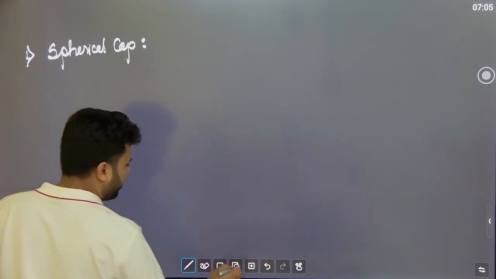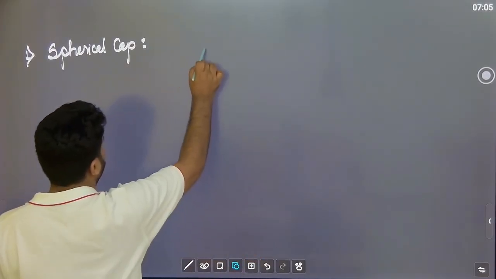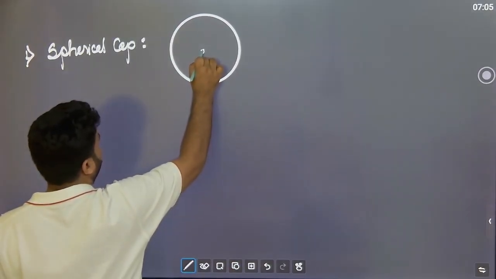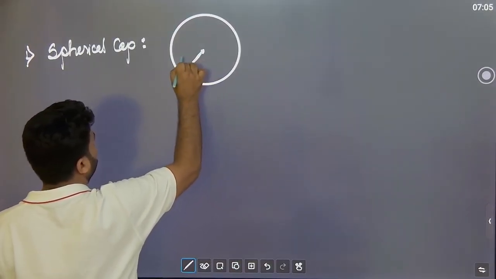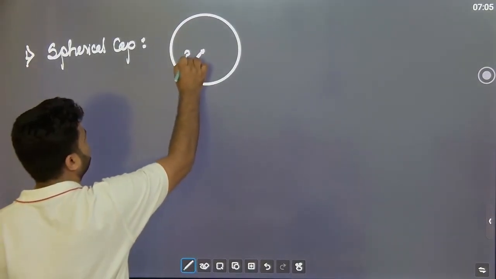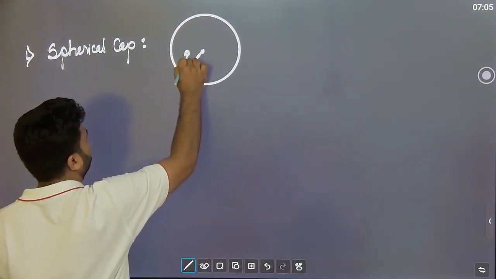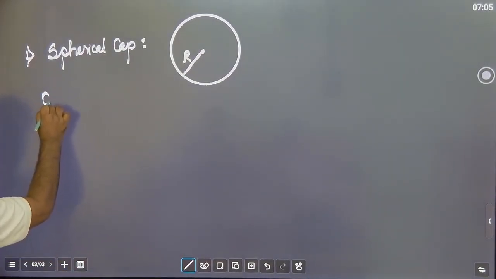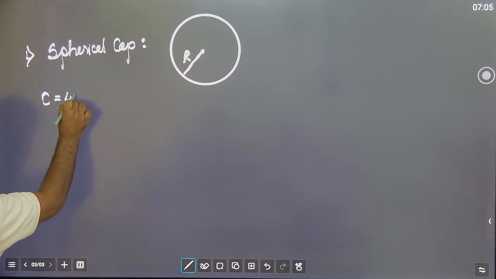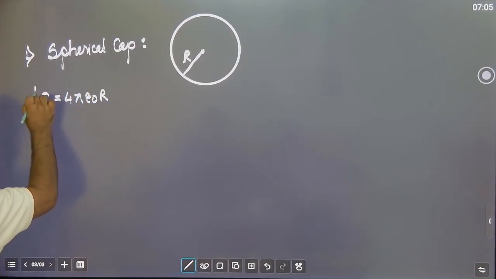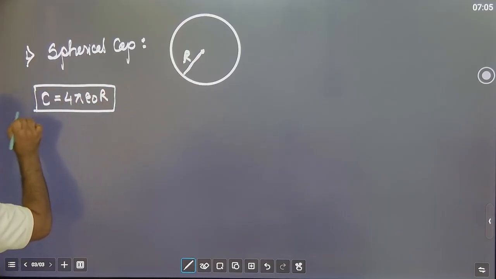So we have a spherical capacitor like this. Its radius is R. So they will ask now, what is the capacitance of this capacitor? So the capacitance of this capacitor is 4 pi epsilon naught R. This value you should remember. 4 pi epsilon naught R.